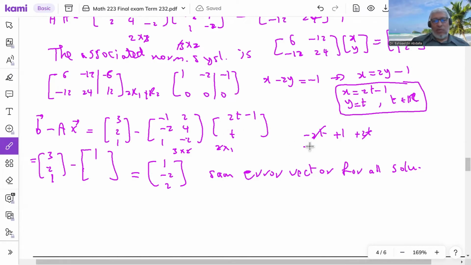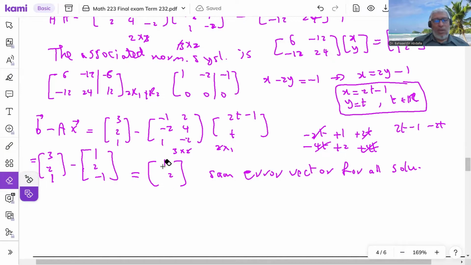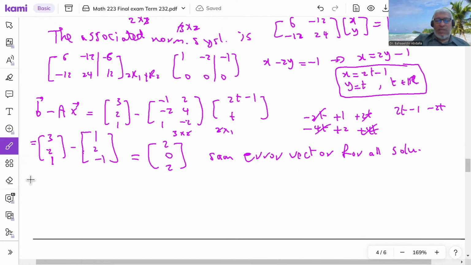And negative 2 times 2t, negative 4t, plus 2 plus 4t, so I'll have 2. So I multiply 1 times 2t minus 1, minus 2t, so I'll have negative 1. And then the answer would be 3 minus 1, 2, 2 minus 2, 0, 1 plus 1 is 2. That's the error vector, and it's the same for all solutions because there is no t in it.